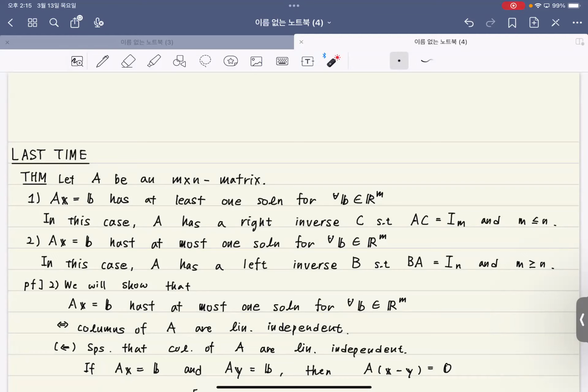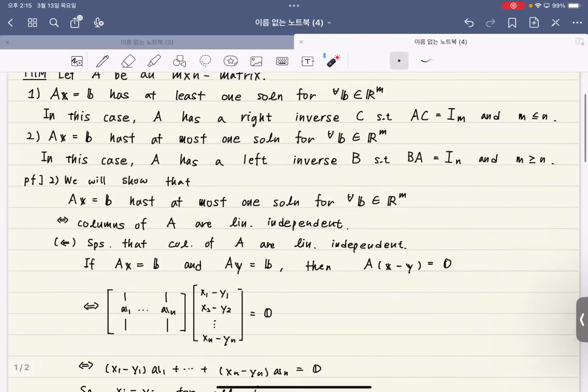The same thing is true this time around. Your matrix A must be the narrow matrix, and your left inverse must be another wide matrix. And wide times narrow is going to be the identity.